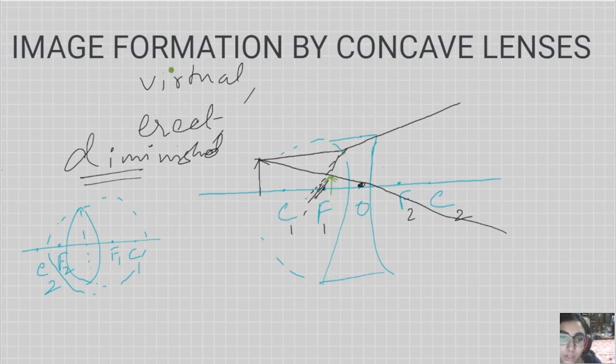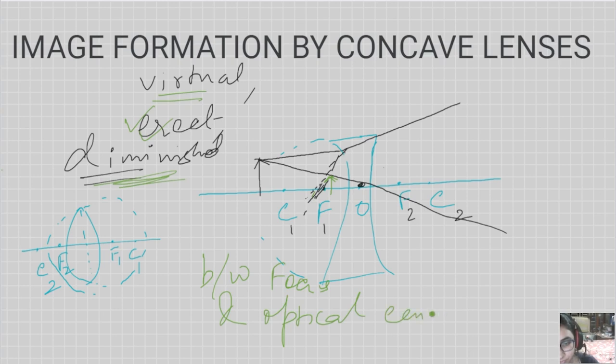So you got virtual because of the apparent meeting of rays, you got erect, and you got diminished. No matter where the object is, the image will always be formed between focus and optical center.